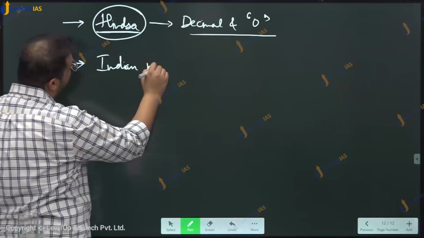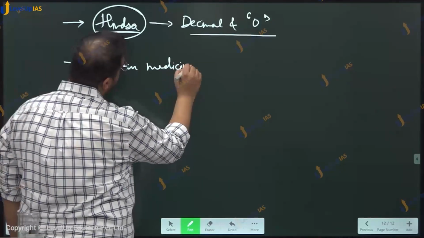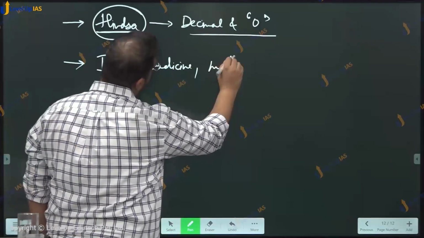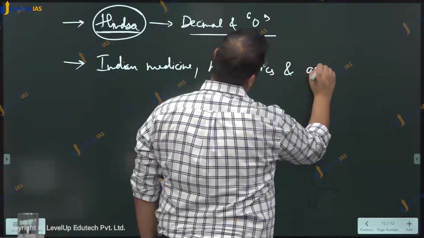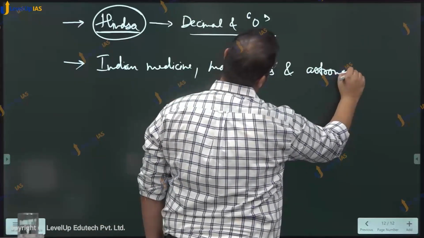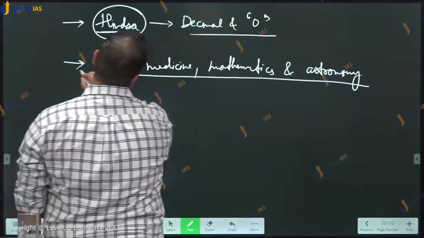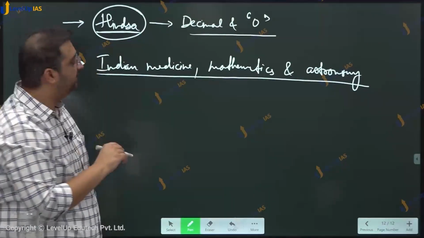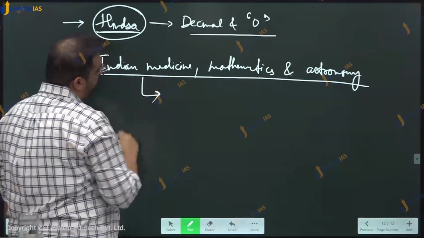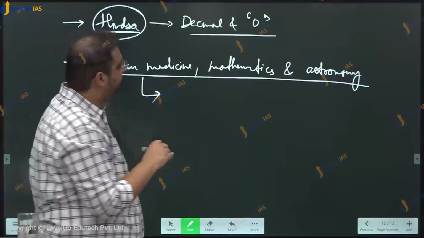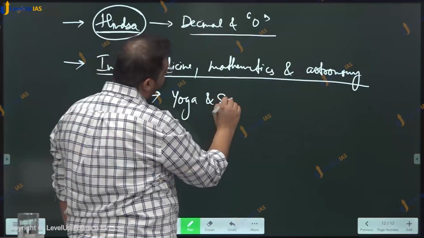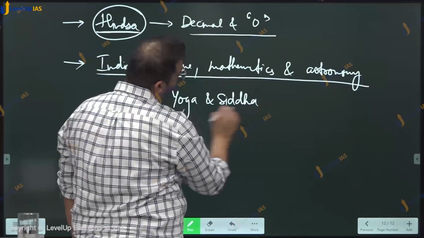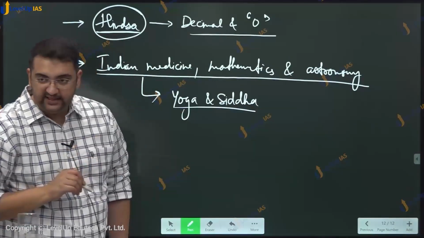Indian medicine, mathematics and astronomy, Indian physics. For example, the Indian health systems of yoga and siddha were adopted by the Arabs.